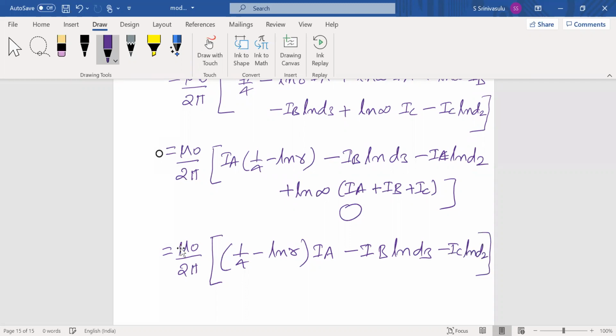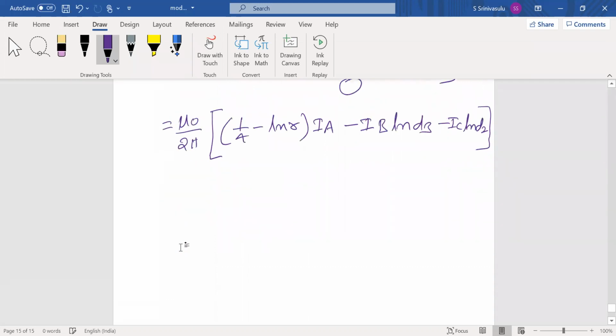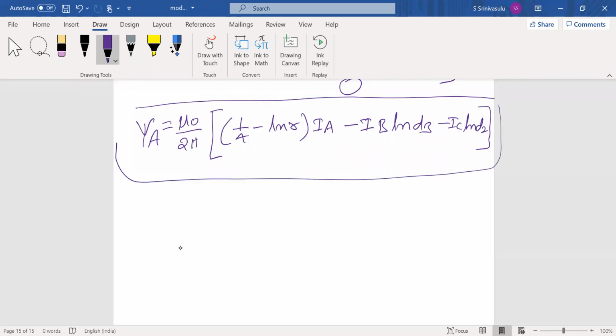This is the total flux linkage of conductor A due to all currents. Psi A equal to psi 1A plus psi 1B plus psi 1C. This is the final equation I got here: mu naught by 2 pi, 1 by 4 minus ln of r into IA, minus IB into ln of D3, minus IC into ln of D2.